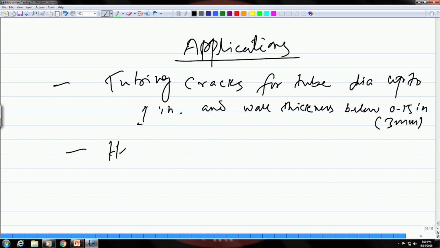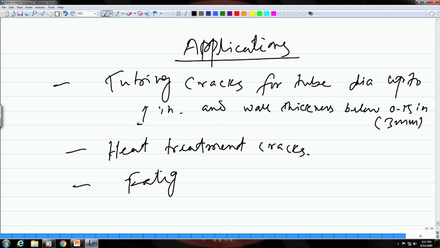Then heat treatment cracks can be detected by eddy current testing. Fatigue cracks, because these again will be on the surface, like in aircraft structure, in the fastener holes, you could expect this kind of fatigue crack to develop.